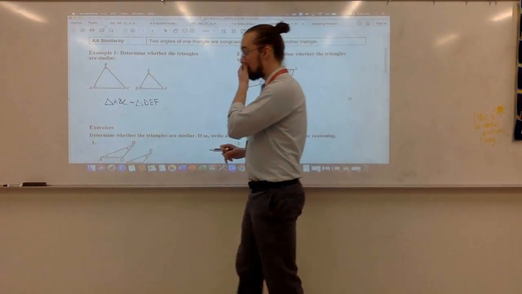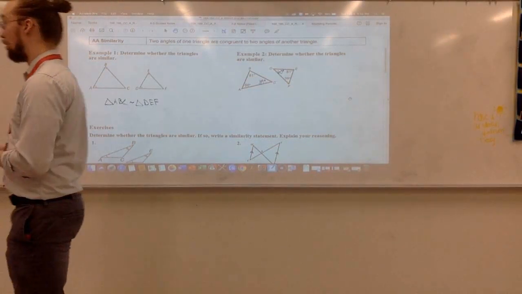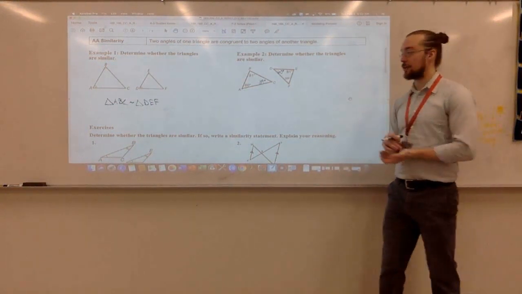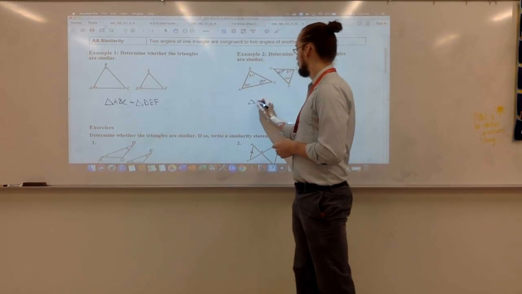If you remember, way back, we didn't spend much time on this, but we had something called the third angle theorem, where if 2 angles of 2 triangles are congruent, the third angle is automatically congruent. So we could, again, write a similarity statement here.